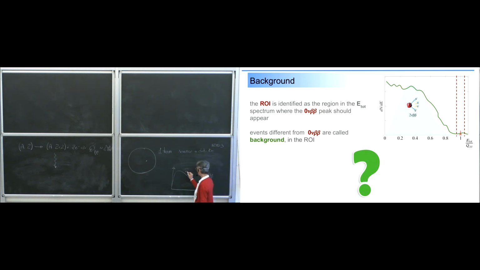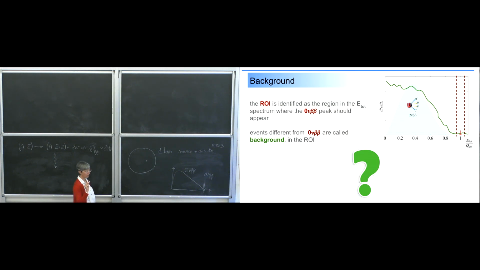And then this is the 2 neutrino spectrum. And the endpoint is the same. So there are few events that are produced by this channel, but that populate the region corresponding also to the neutrinoless channel. And this is what we call an irreducible background for neutrinoless double beta decay.